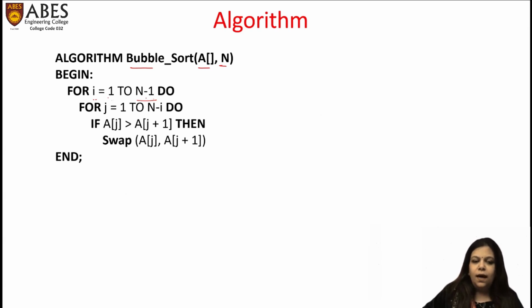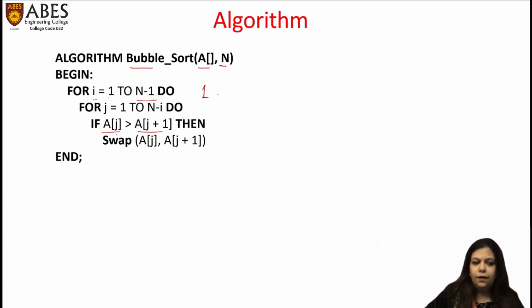Now, as you can see, in every iteration we have to repeatedly compare the adjacent elements. So we are comparing a[j] with a[j+1]. For this, in the first iteration, the value of j must go from the first element till the second last element, right?